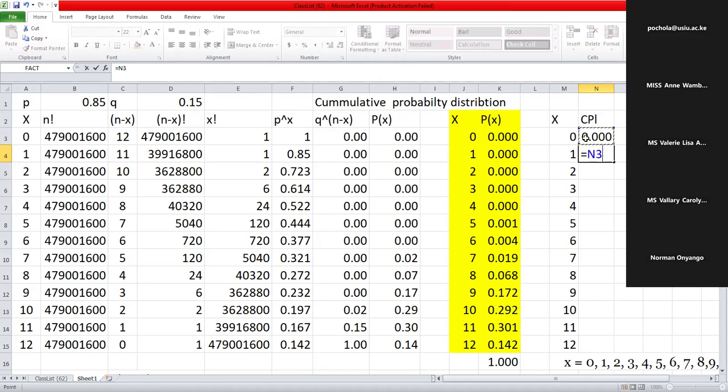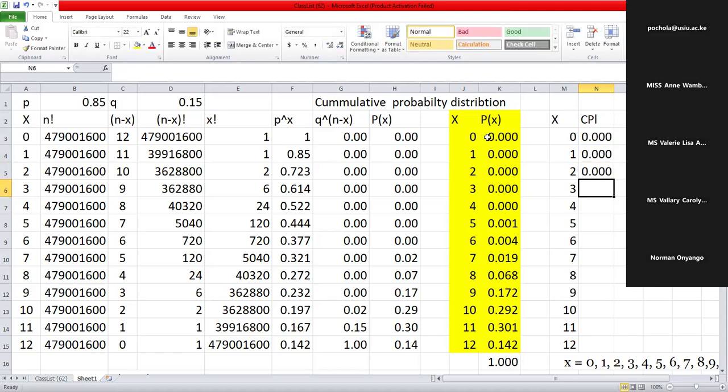I add this one here plus this one here. That is at most 1. At most 2, we will add all these things: this plus that plus that. Already up to here I have added these two, so I simply add the at most 1 to the probability that x equals 2.